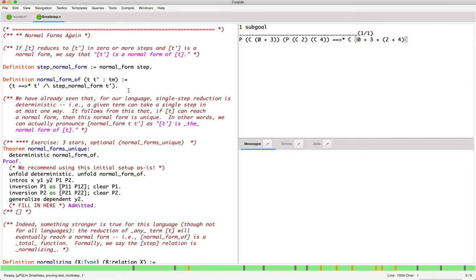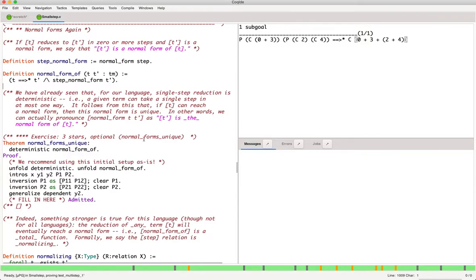It is very close to talking about a big step relation, because we're talking about the starting point and the ending point by applying lots of single steps to get to the ending point. Whereas the big step relation gets there in one go, essentially, logically. This gets there in lots of small steps.